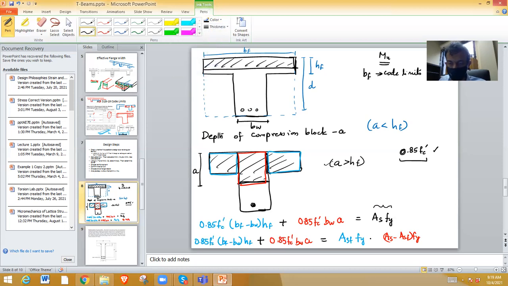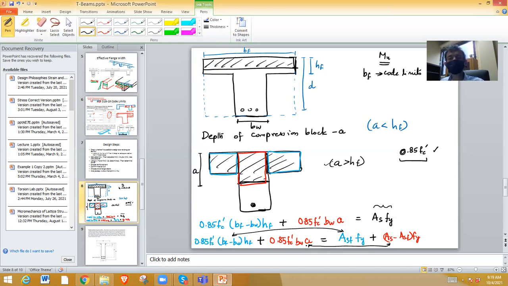In between is a plus. So I'm saying that this part I put exactly equal to this, and this part I put exactly equal to this. Again, just like the doubly reinforced beam, we do this for convenience, to make the calculations easier.